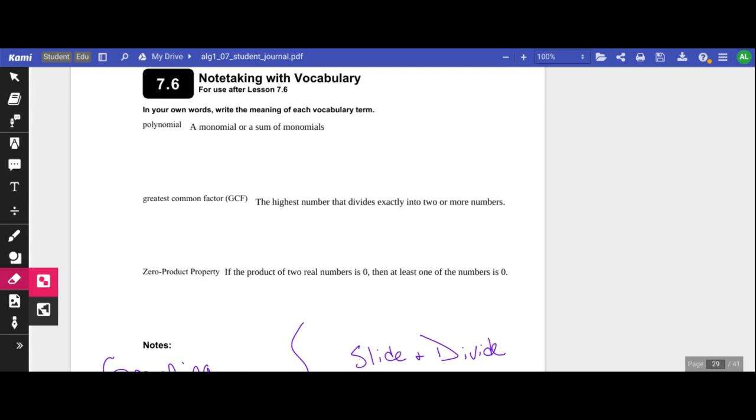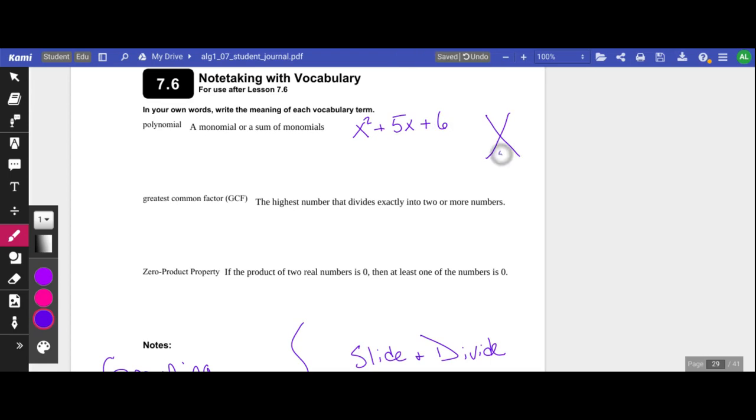The problems that we're going to do today, instead of being set up like one of the ones we've seen before, like let's say last week I could have given you a problem that looks like this: x squared plus 5x plus 6. And I tell you to factor it out. You'd come up with your little x.